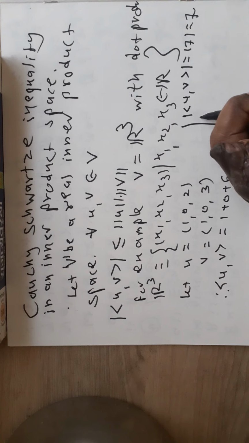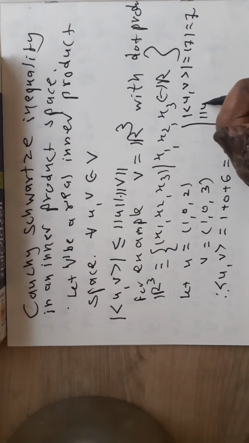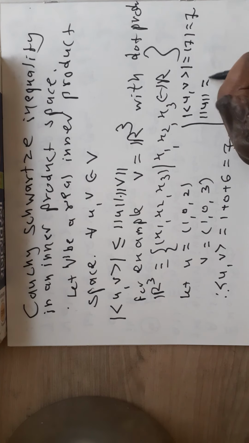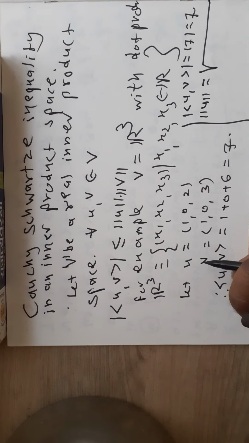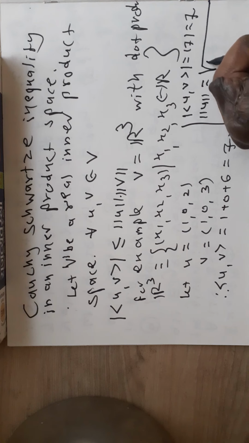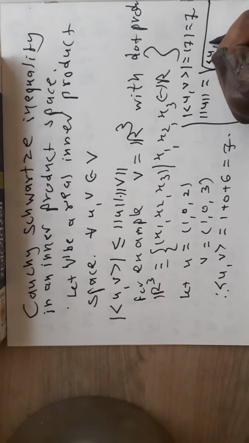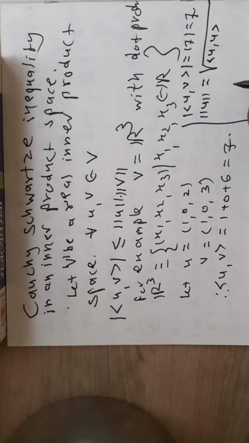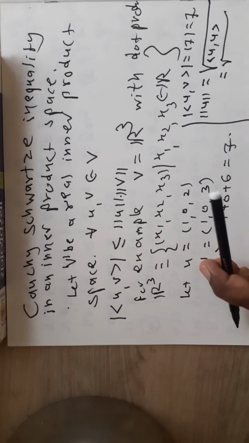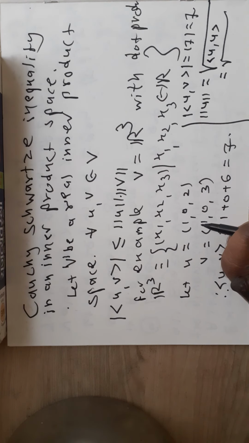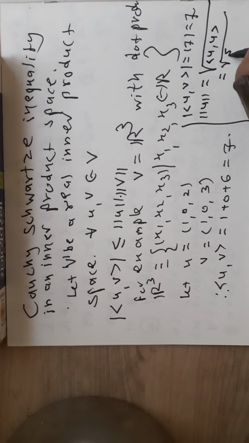Now here, the norm of u is equal to the square root of angle bracket u comma u. Here u comma u means 1 plus 0 plus 4, which is root 5.